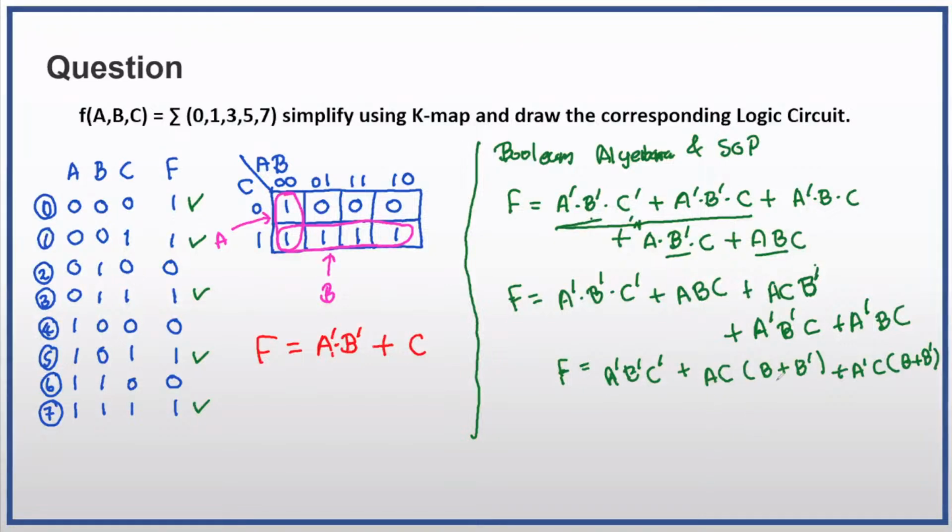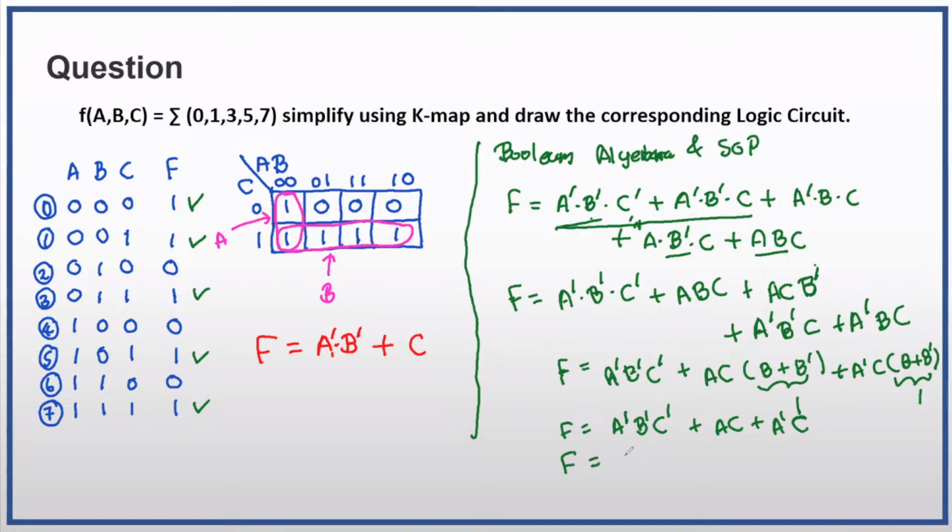So therefore, what you can see here, this one is 1 and this one is 1. So by this part, you can get A dash, B dash, C dash plus here AC plus by this one A dash C. Put it here A dash C.